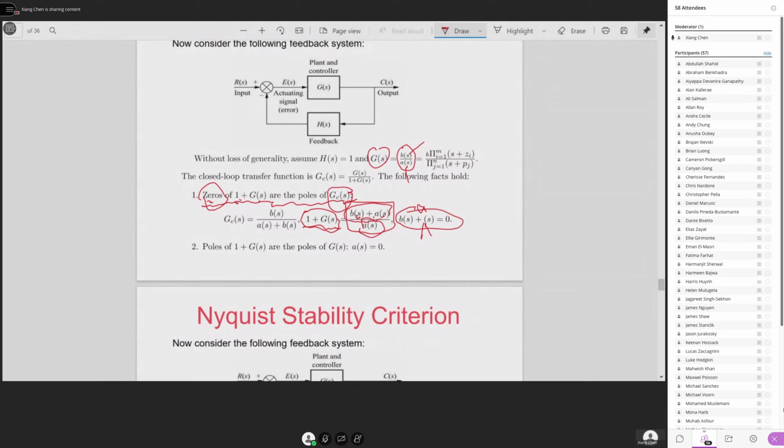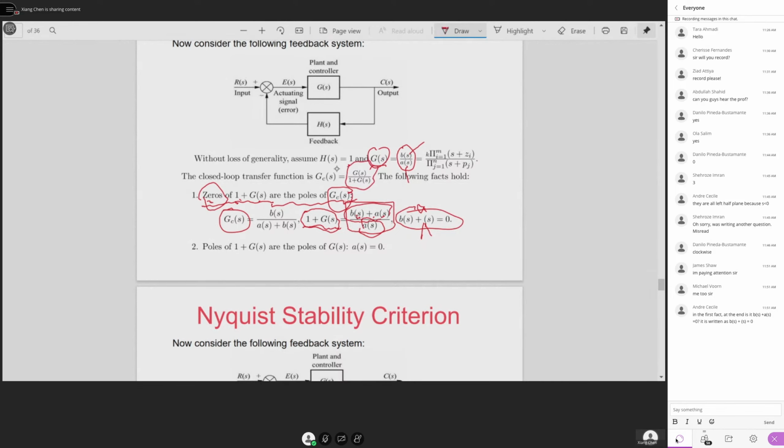Then let's look at it. If we have G of S equal to B of S over A of S, now what is my closed loop system? My closed loop system is here. So you substitute the B of S over A of S into this expression.